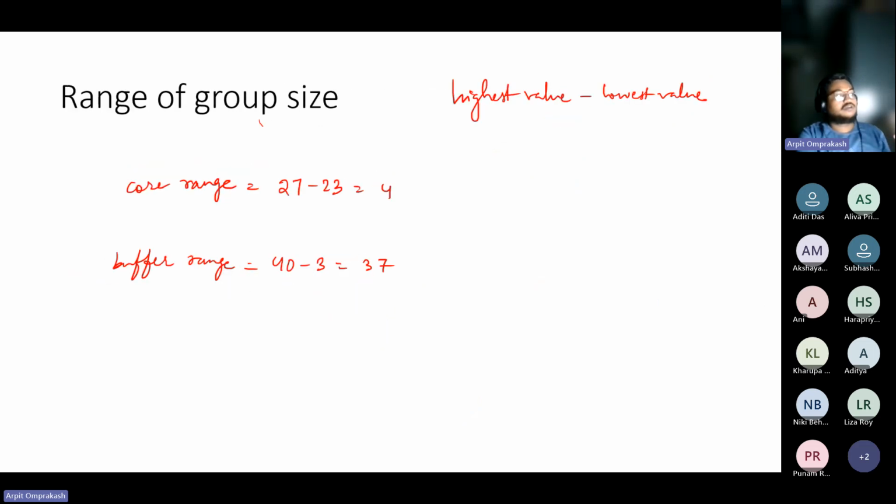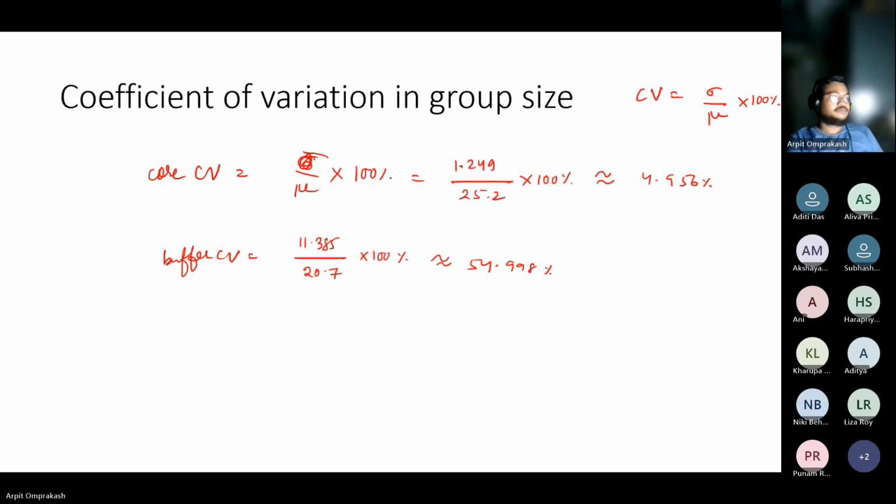Right. The range basically tells us the spread of our data. A small range means that all the samples have comparable values of group sizes. A very high range means that the samples have very high differences between the group sizes.